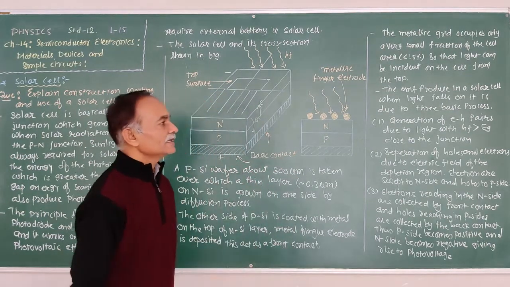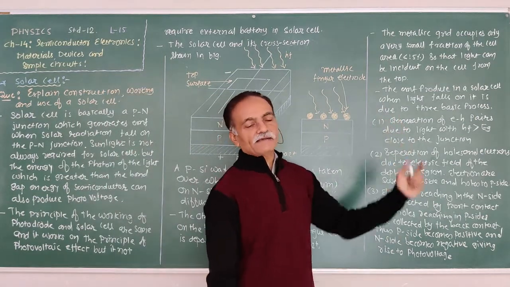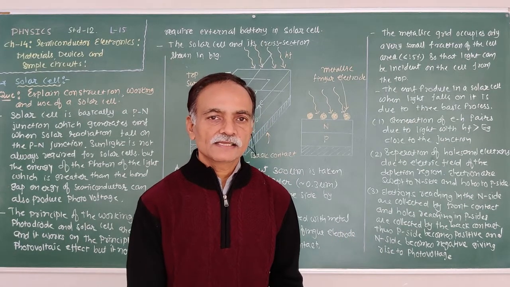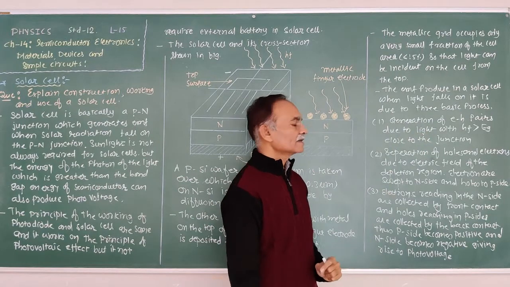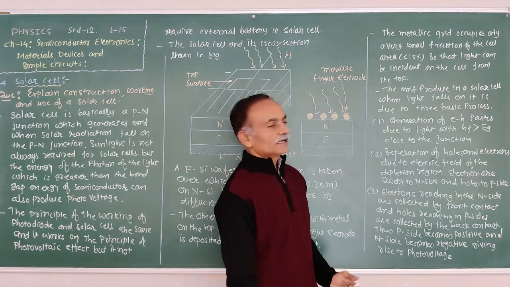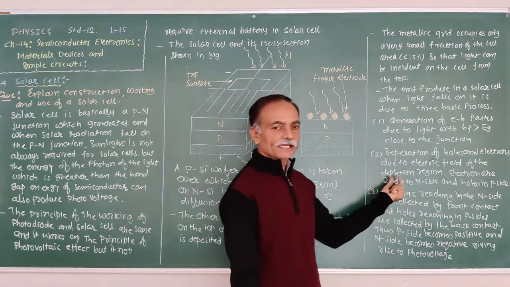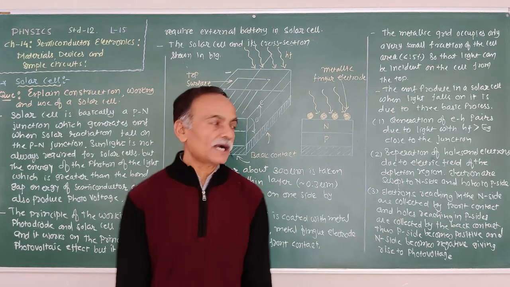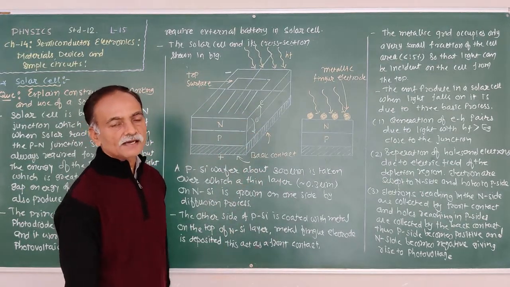Again, how is the EMF produced in a solar cell? When light having energy hf greater than the band gap energy Eg is incident, it produces electron-hole pairs in the junction. Due to the electric field in the depletion region, the electrons are swept towards the N side and holes are swept towards the p side.